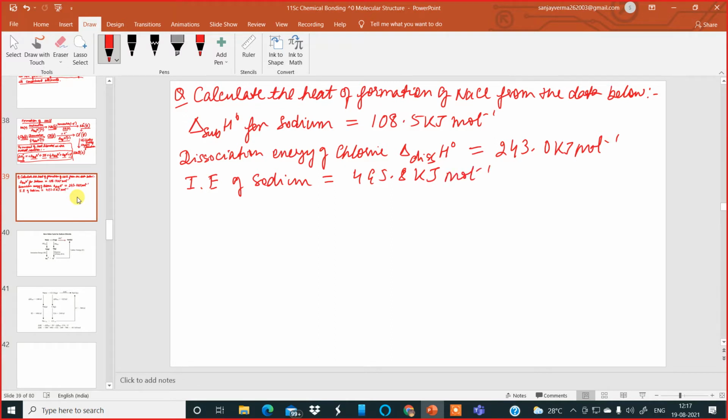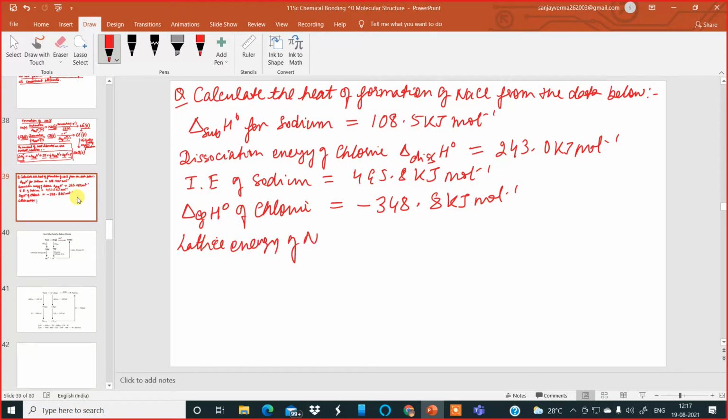Then electron gain enthalpy of chlorine is given as negative 348.8 kilojoules per mole. Then lattice energy of sodium chloride, NaCl, symbol is U. It is given as minus 758.7 kilojoules per mole. So these are the data given.